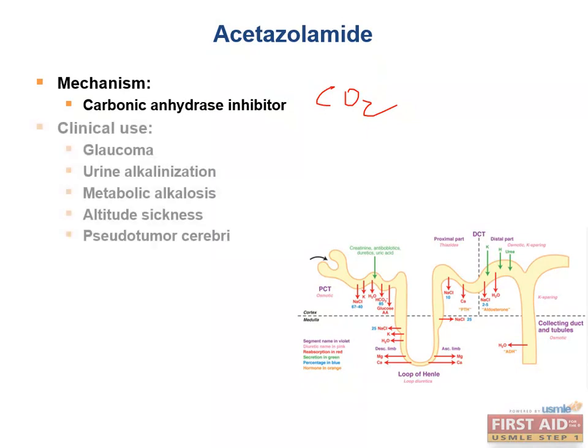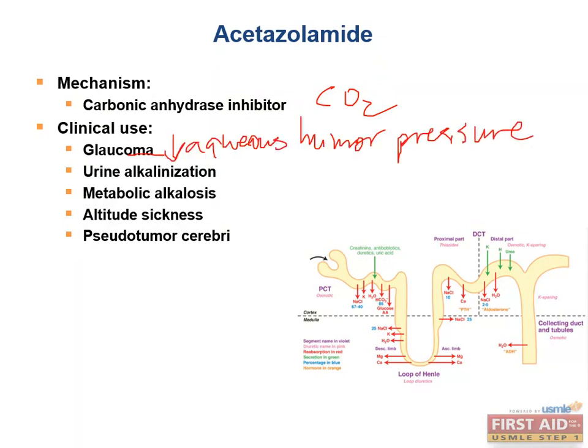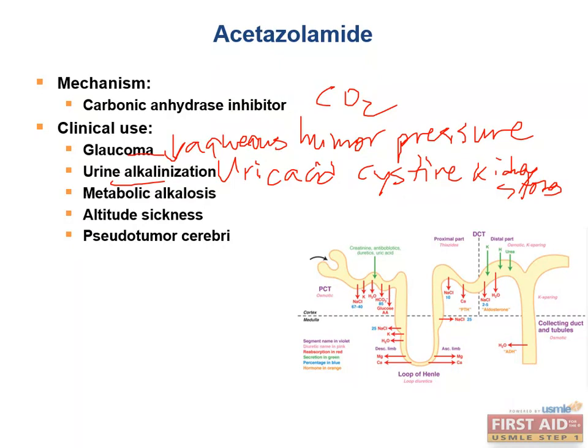Now, clinical uses for acetazolamide include glaucoma, because it reduces aqueous humor pressure. And it's also used for urine alkalinization to prevent certain kidney stones. Do you remember which type? Uric acid stones and cystine kidney stones, which, remember, both of these stones precipitate at decreased pH.